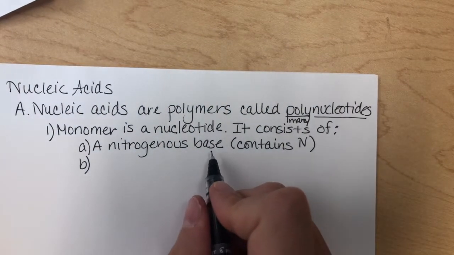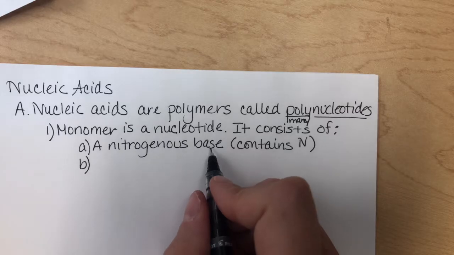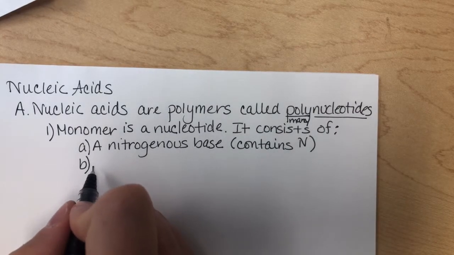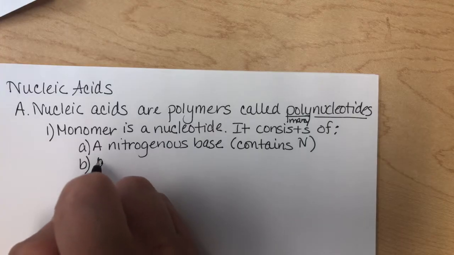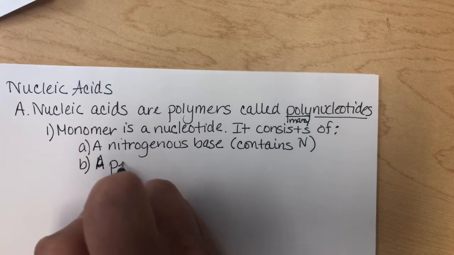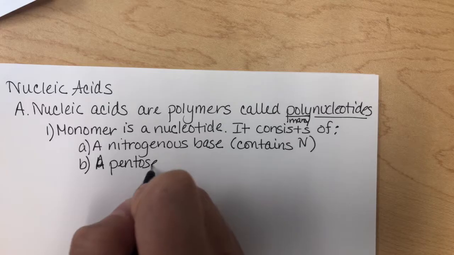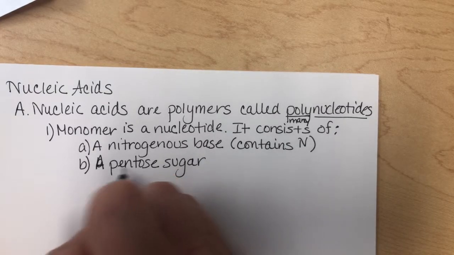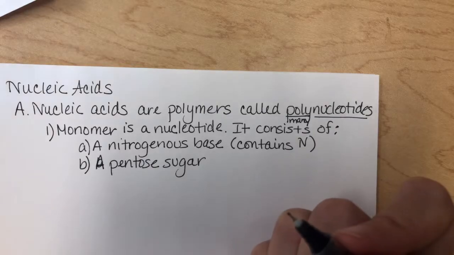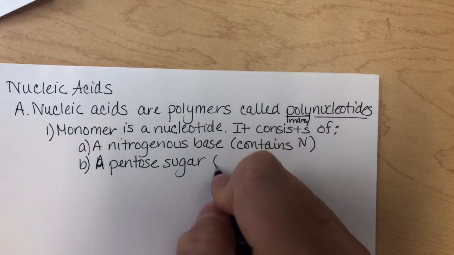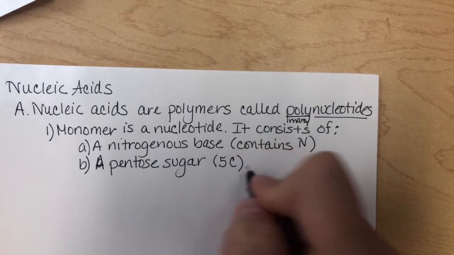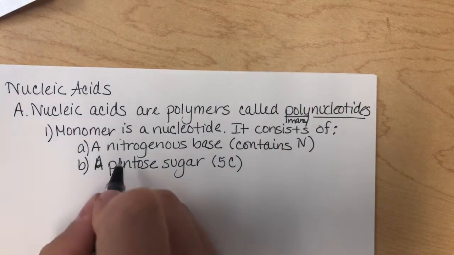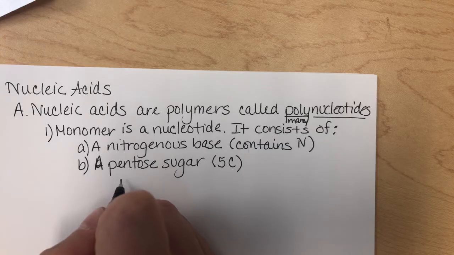What is a base? And remember, it increases pH on the pH scale. A pentose sugar, let's see if we can make that capital, a pentose sugar. All right, ose means it's a sugar, pent prefix means 5. So what this means is it's a 5-carbon sugar. And let me give you an example of this.